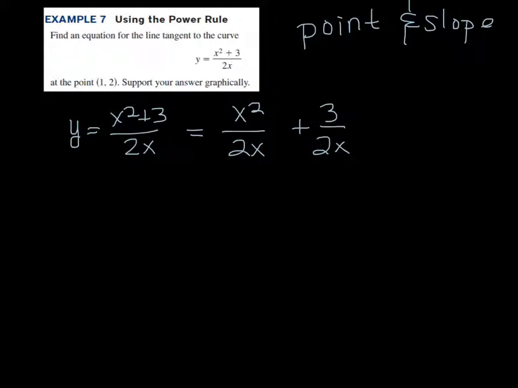Now I can take this x and I can take it to the top by making the exponent negative. So I can say that this is equal to x squared times x to the -1 over 2, plus 3 over 2 times x to the -1.